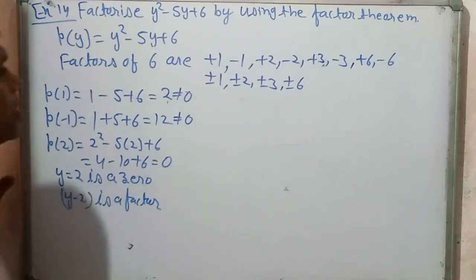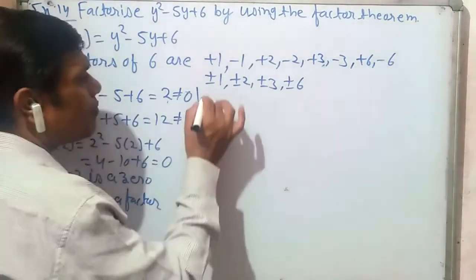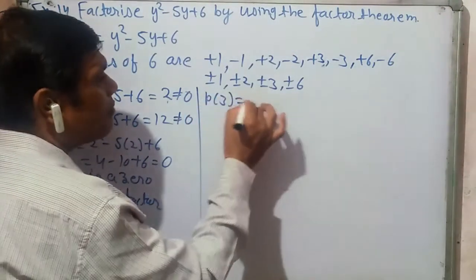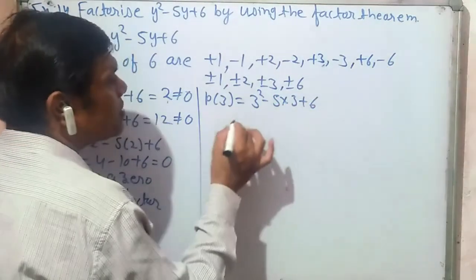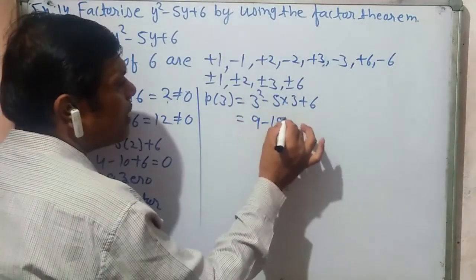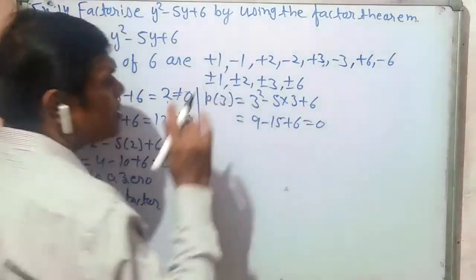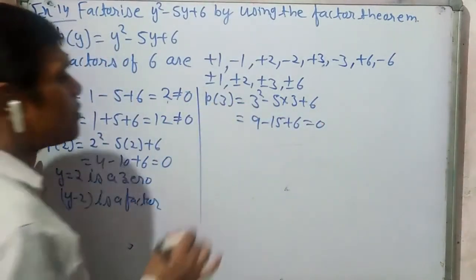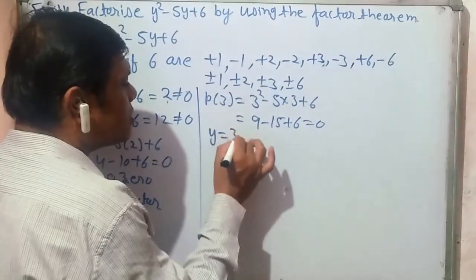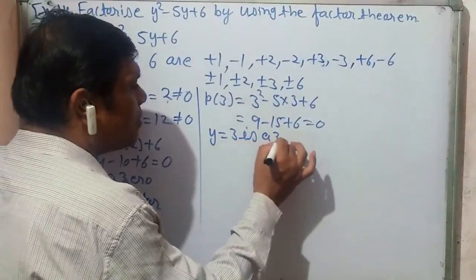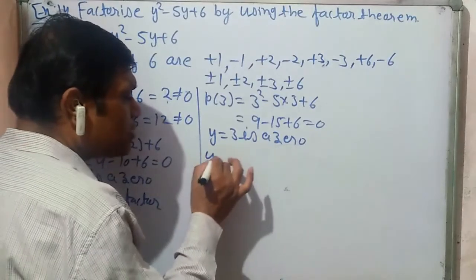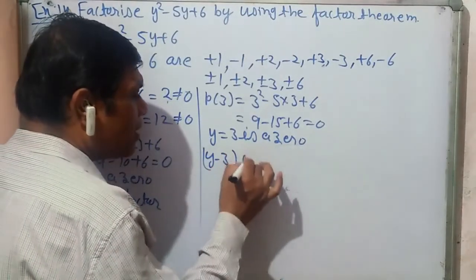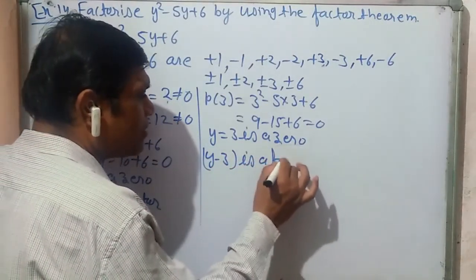Similarly, you can check on 3. P(3) will be 3 square minus 5 into 3 plus 6. That will give us 9 minus 15 plus 6. That is 0. So y equals 3 is a zero, which means y − 3 is a factor.